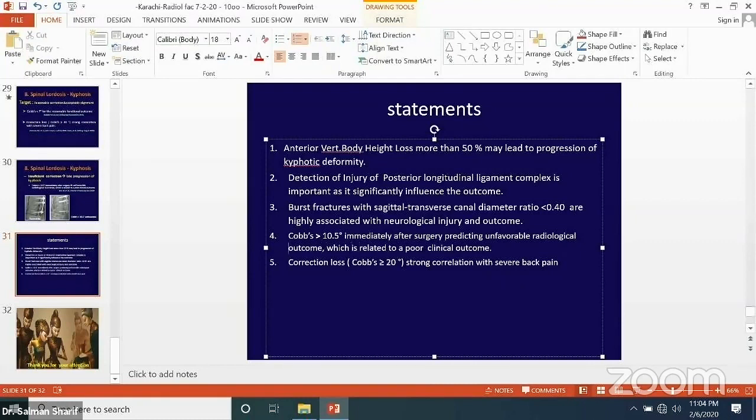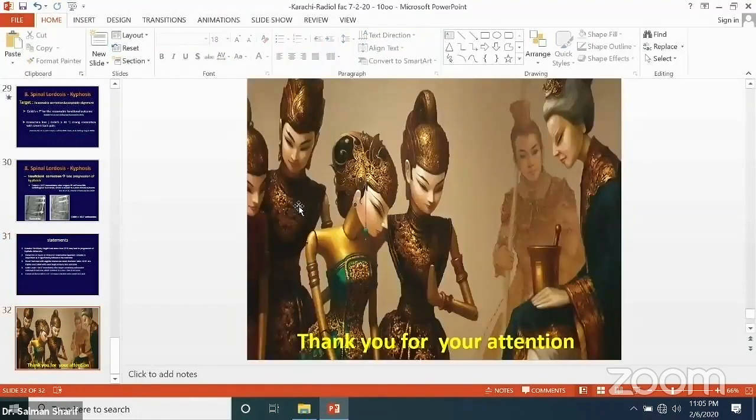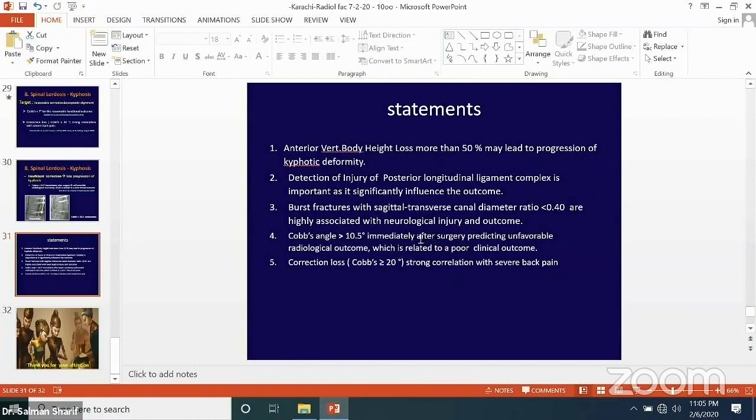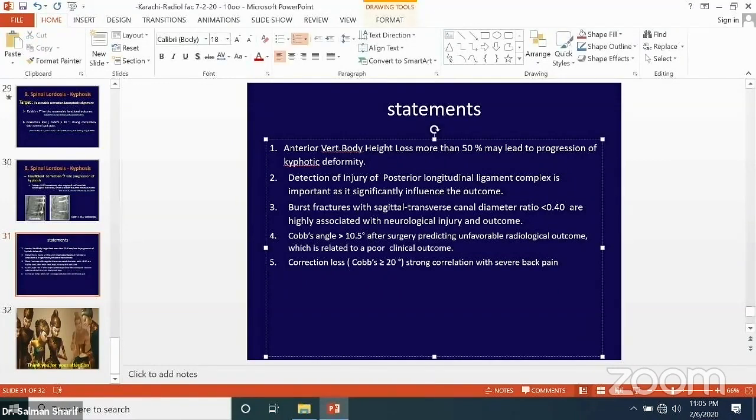Let's add angle after Cobb. Cobb angle more than 10 degrees after surgery may predict a poor outcome, both radiological and clinical.